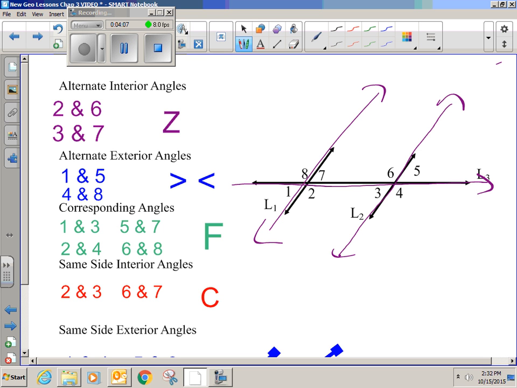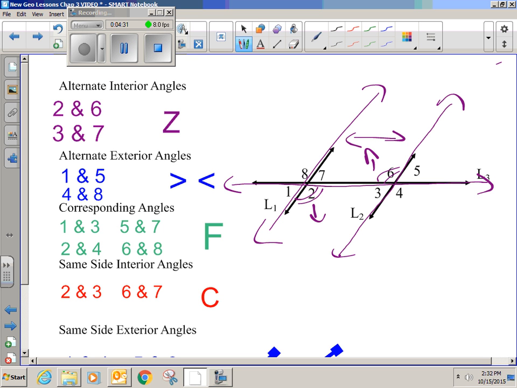Okay. Angles 2 and 6. So this angle combined with this angle are an example of alternate interior angles. So they are on alternate sides, so opposite sides of my transversal, and they're on the interior, the inside of my parallel lines.